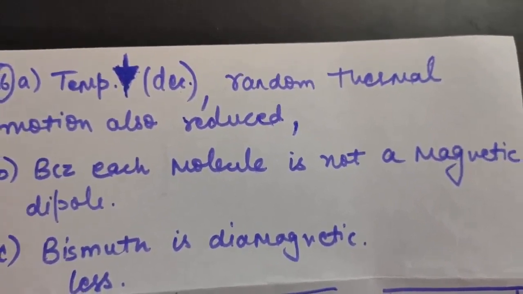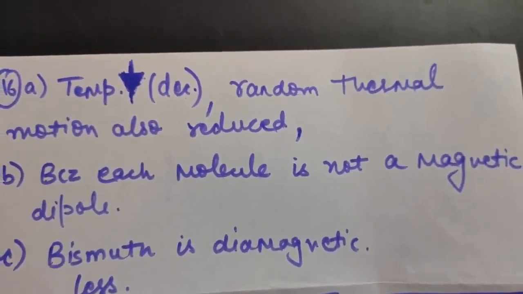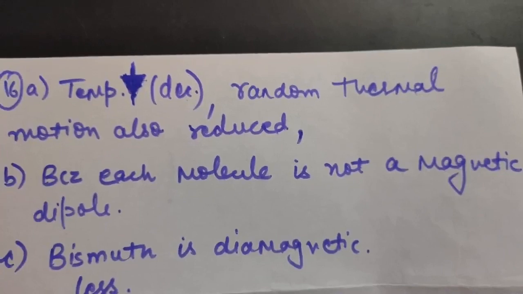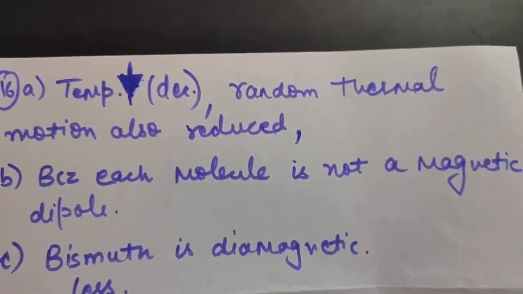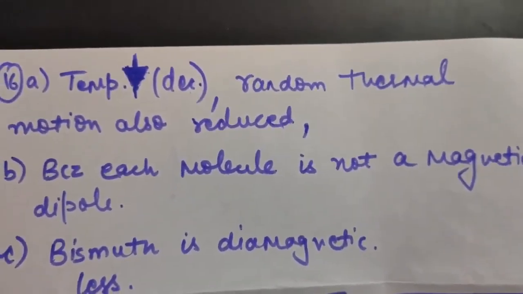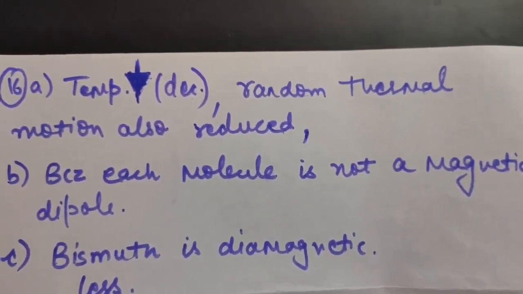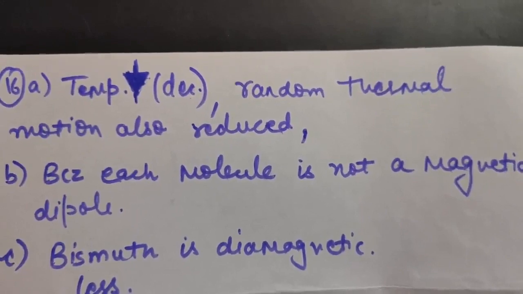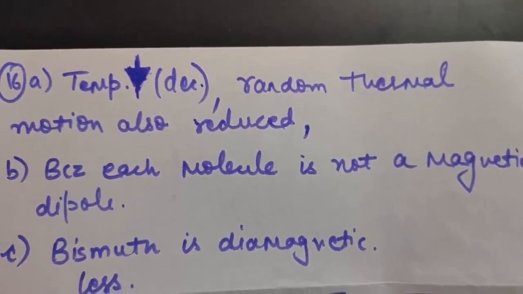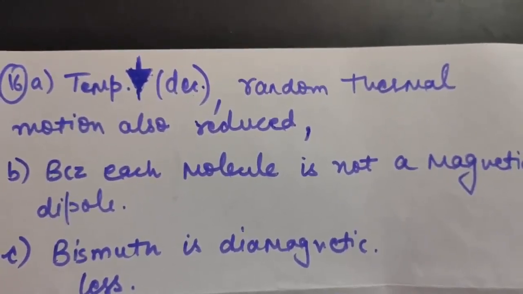Okay, so the C part says, if a toroid uses bismuth, will the field of the core be greater or less? See, because bismuth is a diamagnetic material, that means the magnetization will be in the opposite direction of the magnetic field. So if you put bismuth in the core, then there will be less magnetic field in the core.